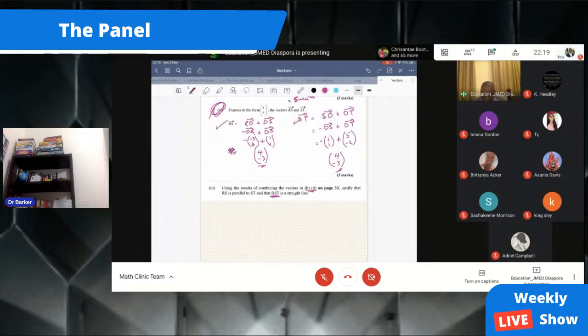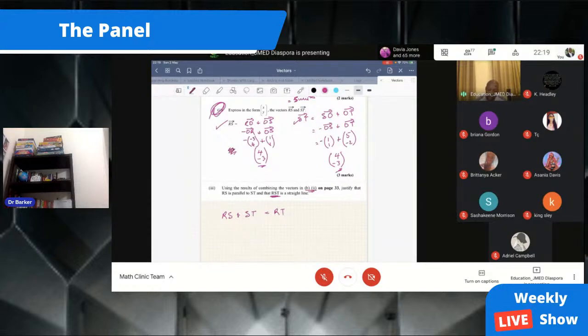To prove that, I'm going to have to say that RS plus ST would be equal to RT. That's the thinking that I'm going to bring out.